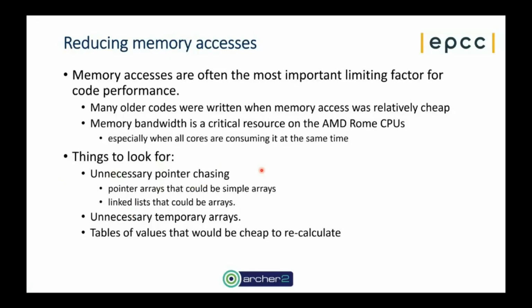So things like unnecessary pointer arrays, where from old codes you can quite often have linked lists that could be arrays, or simpler static arrays, or temporary variables where you calculate a value that's quick and easy to calculate and then store it for the lifetime of a program and keep looking it up. It might be better these days to replace that with just recalculating every time, because calculations are cheap and loading and storing memory aren't. Even with lookup tables, if they're cheap to calculate, it might be a good trade-off not to store them in a memory structure, but just to calculate them each time.